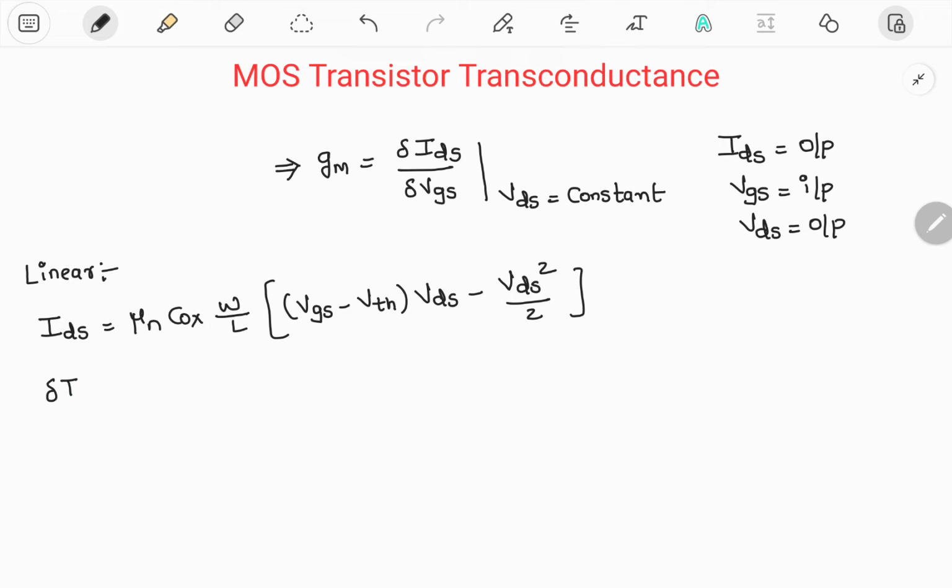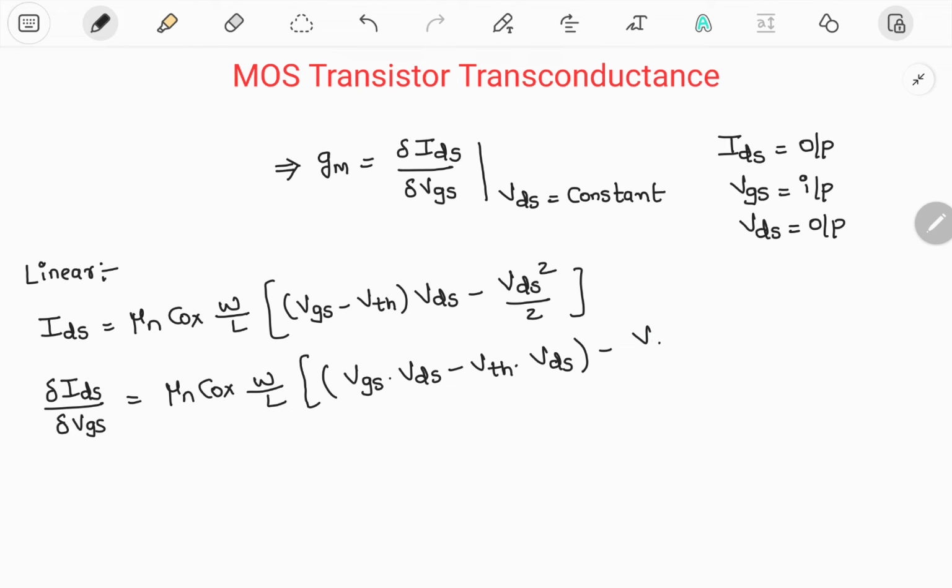So differentiating Ids with respect to Vgs, this is mu n C ox W by L. Try to multiply them internally: Vgs into Vds minus Vth into Vds minus Vds square by 2.